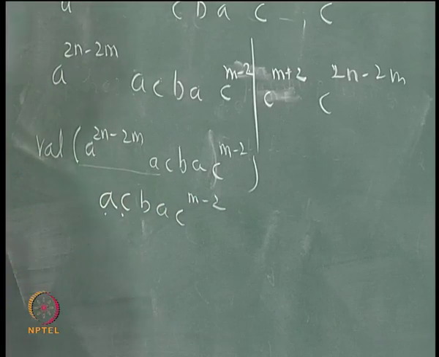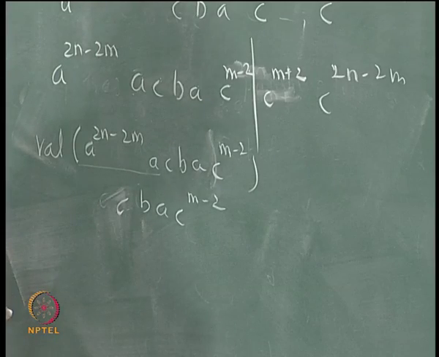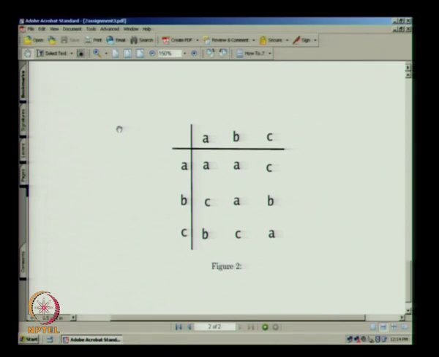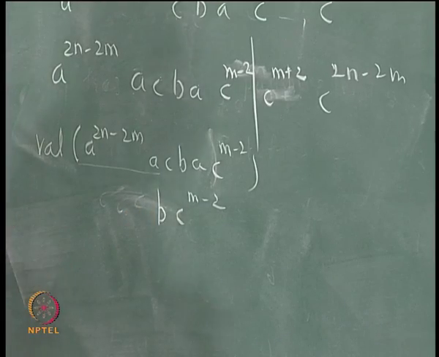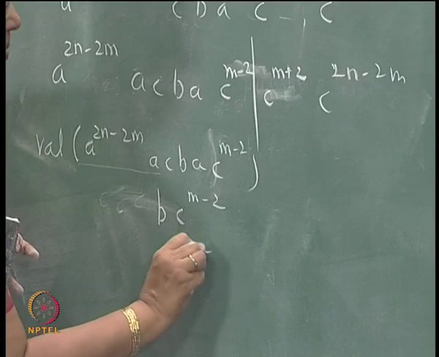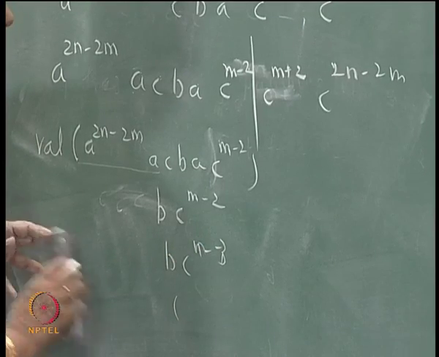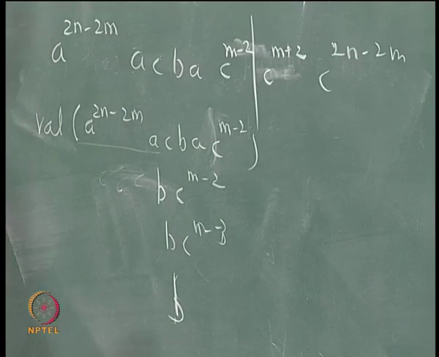What is AC? C. What is CB? C. What is CA? B. What is BC? B. So, B C power m minus 1, B C power m minus 3 and so on. Ultimately, it will become B, right. This will become B.